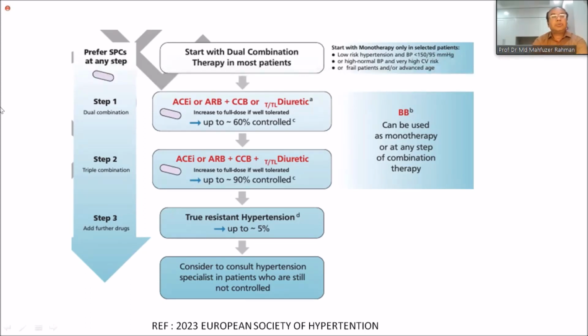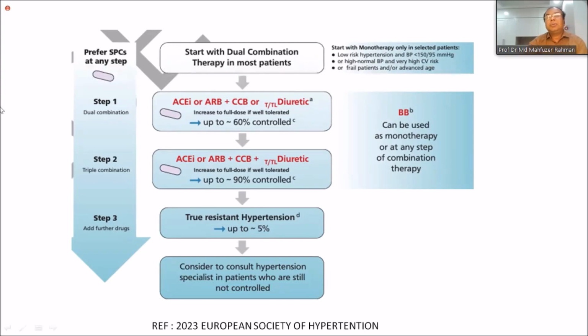And in step 2, there will be triple combination, ACE inhibitor or ARB plus calcium channel blocker plus diuretic. And in step 3, there is true resistant hypertension, with consideration of consultation of hypertension specialist in patients who are still not controlled.